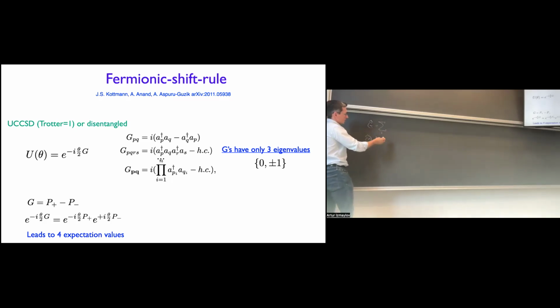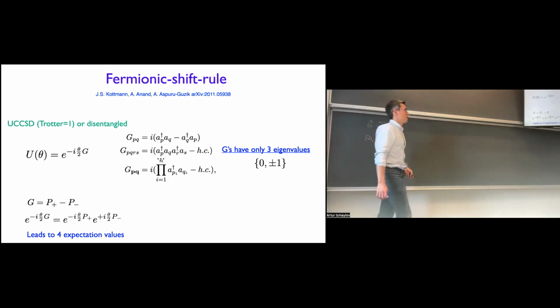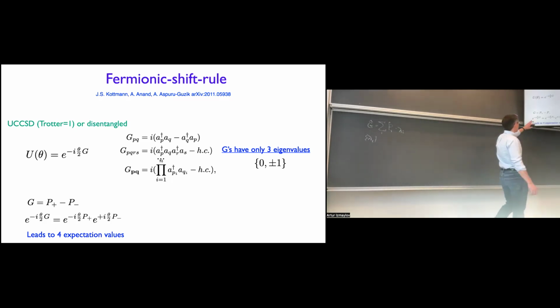And so you can always write G as a projector to the subspace multiplied by the corresponding eigenvalue. Right, so that's just eigen decomposition. This is what they did here. So this is for plus 1, minus 1, and 0, of course, cancels the projection.